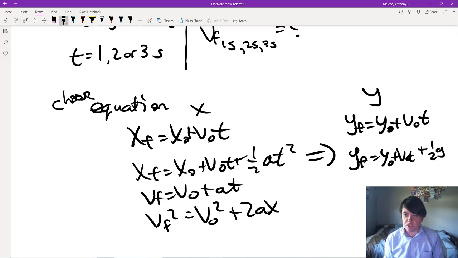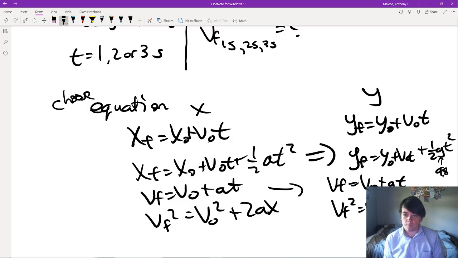You may see a g here instead of an a, since we always use 9.8 now to represent our acceleration. But yeah, our equations are virtually the same equation. You just swap x for y so that you know you are working in the y coordinate axis now.